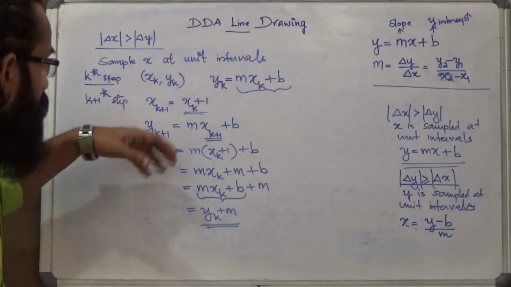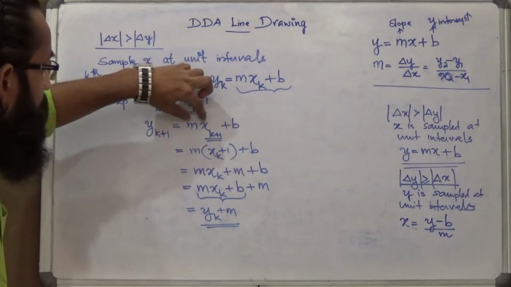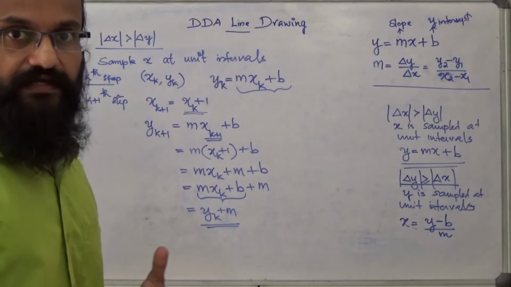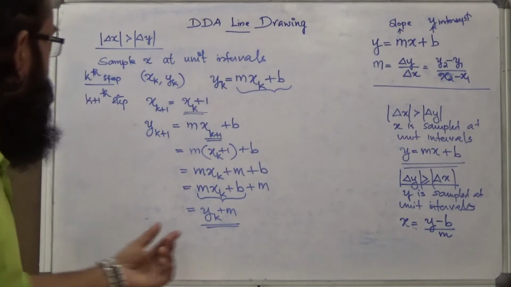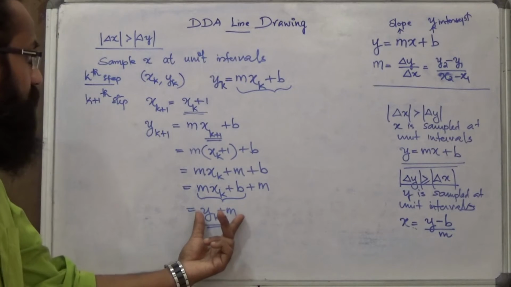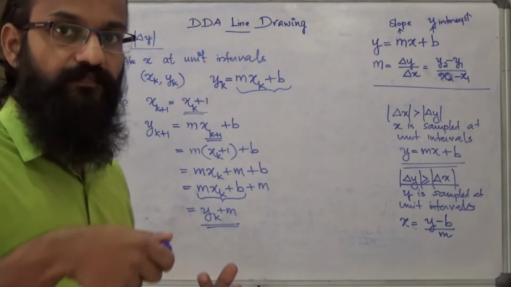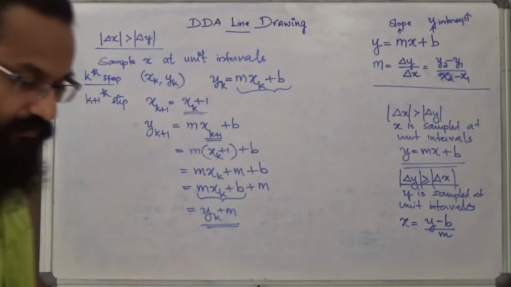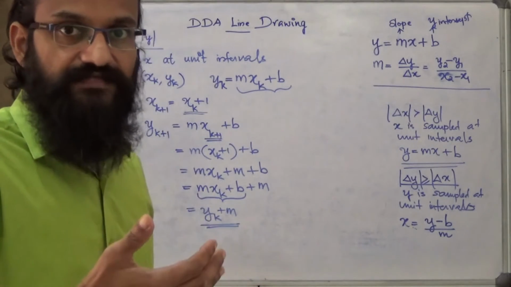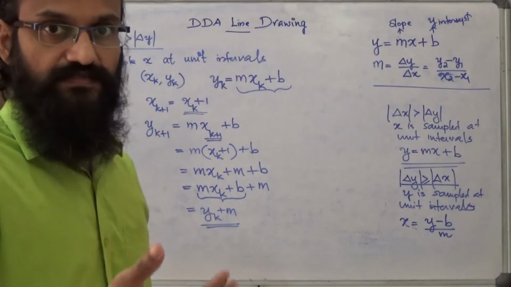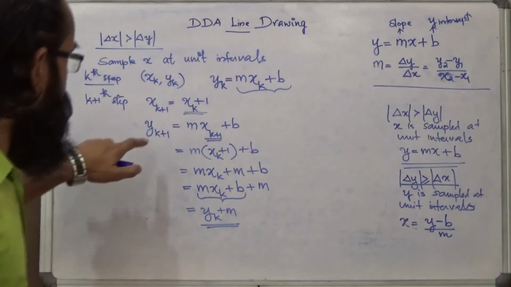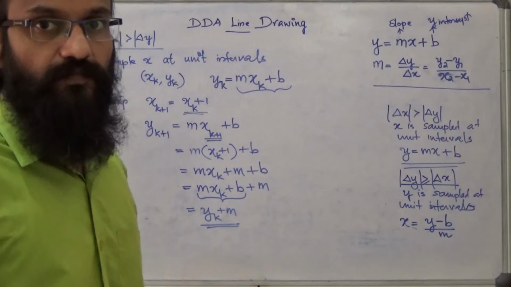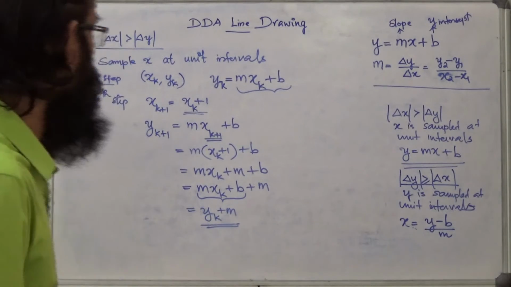Rather than performing this multiplication m into xk plus 1 at each and every step of computation, you can incrementally calculate the next y value from the previous y value. So if you are sampling x at unit intervals, the next x value will be the previous x value plus 1, and the next y value will be the previous y value plus slope. So that is the main point.